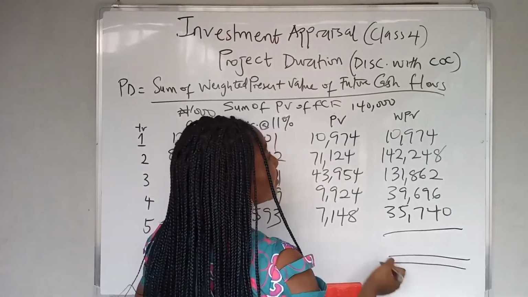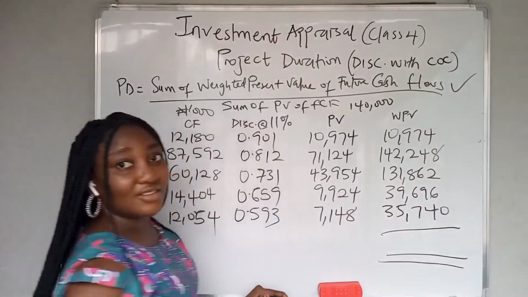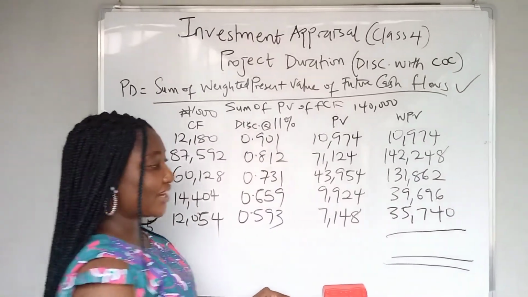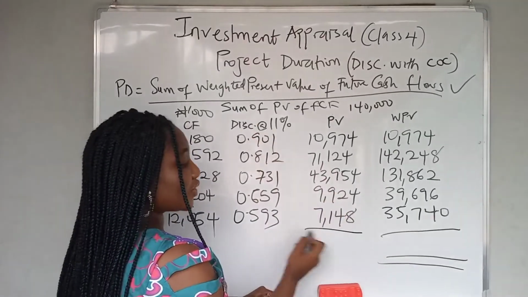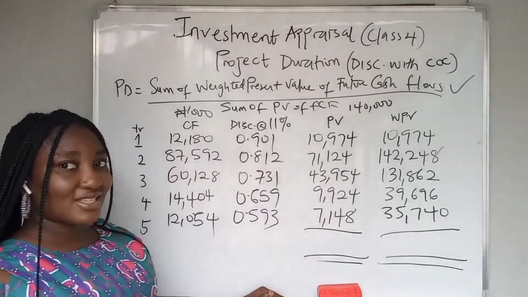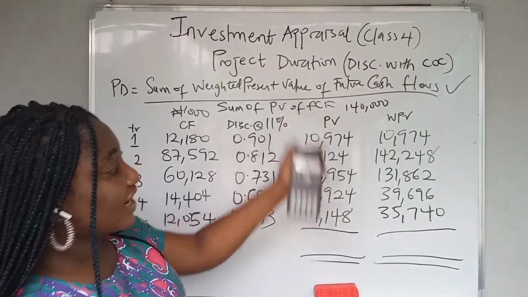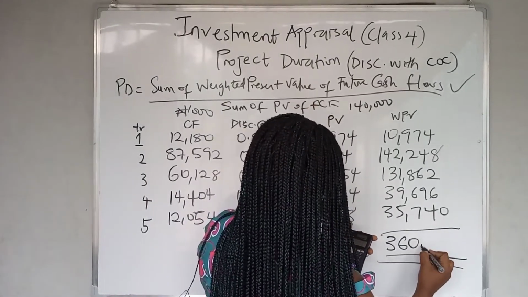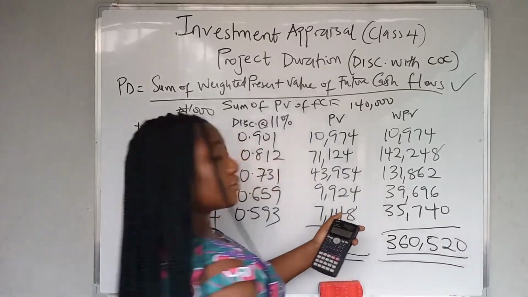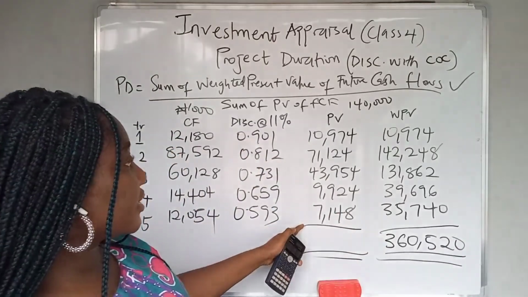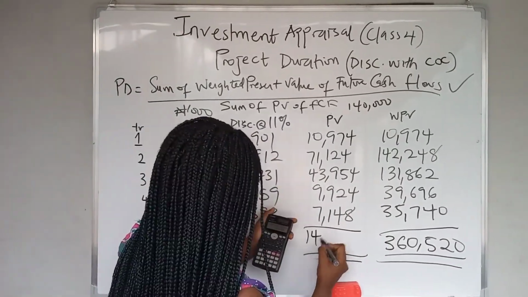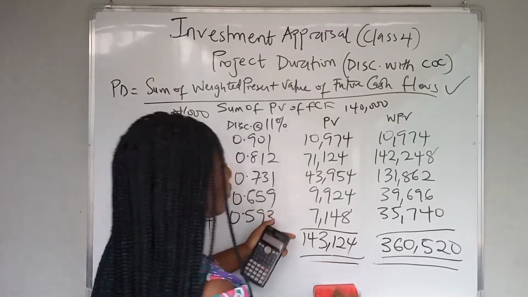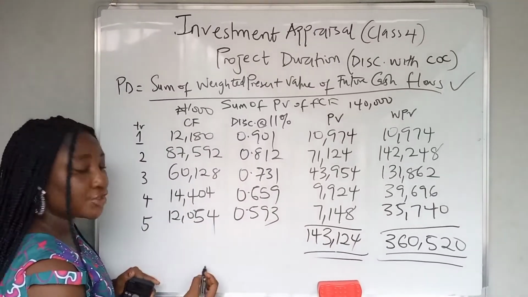So now you sum this weighted PV. Whatever you get here, that's your numerator, right? Then your denominator is whatever you get here. Makes sense? So simple. So let's just add up. That gives you 360,520, right? Then when you add this up, you have 143,124. So now you get your project duration.